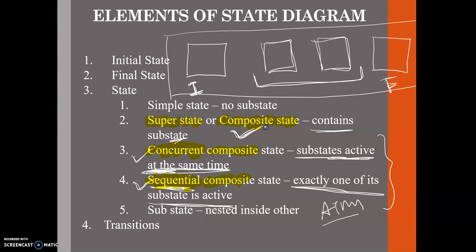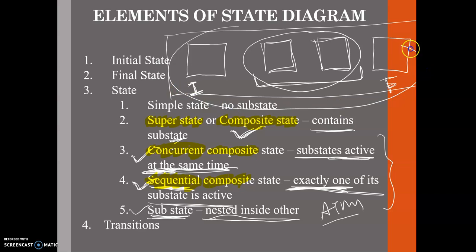So composite means multiple substates, concurrent means substates active at the same time, and sequential means exactly one of its substates is active. And the last one is substate. It can be nested inside another, which we have already discussed. Suppose this is one state, and inside it one more substate is there. That we call nested.